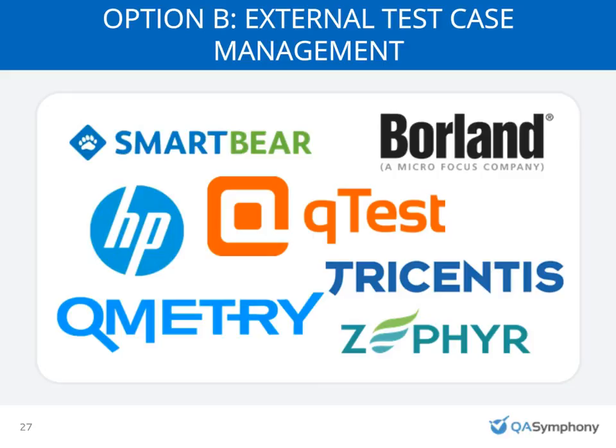The same with Qtest and Tricentis. Zephyr, they're even mentioning down here, has an enterprise test case management solution called Zephyr Enterprise. So they've also got a plug-in and enterprise solutions that you can look at when you're evaluating. What these tools try to do is bring more testing-specific functionality to your testing process without you having to give that up as a testing organization.